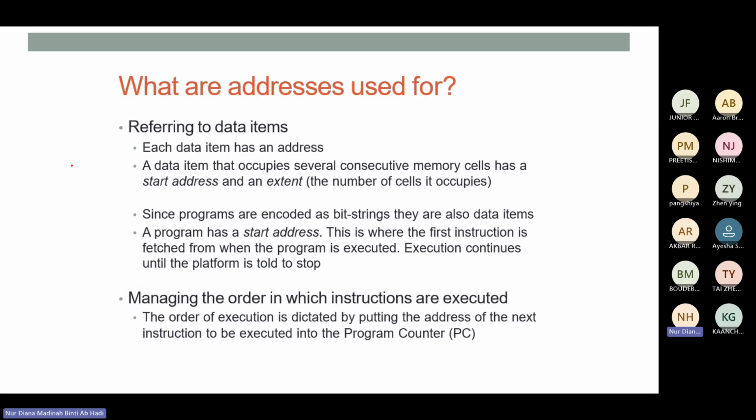So usually a program has a start address, where the first instruction is fetched when the program is executed. Execution will continue until the platform is told to stop, or you ask it to quit or close. Managing the order in which instructions are executed is dictated by putting the address of the next instruction to be executed inside the program counter.